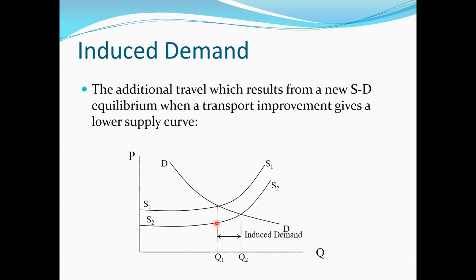Now if you create a new supply curve and your demand curve remains the same, instead of having the equilibrium demand at Q1, your new equilibrium demand will be at Q2, because as you move down the supply curve and your demand curve is still at the same level, in the short run your equilibrium exists at a higher demand level.